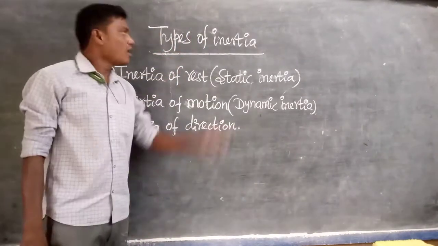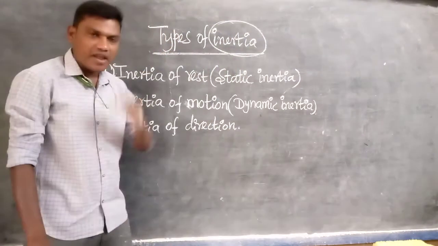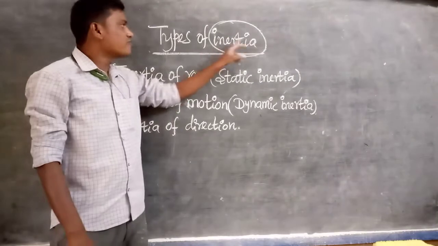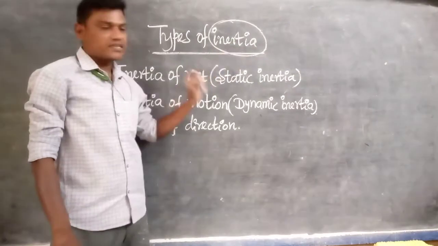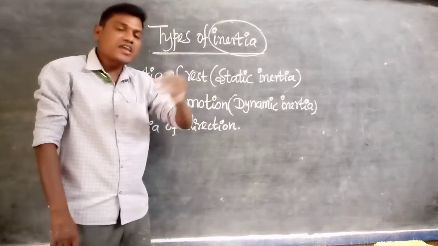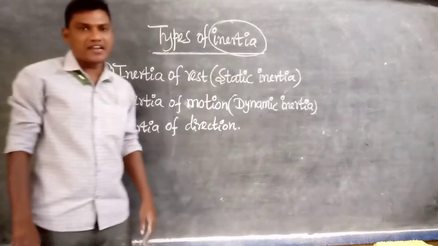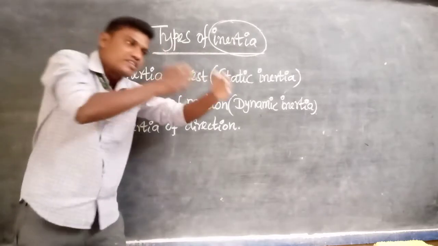Listen very carefully. What is inertia? Inertia is the property of matter that resists changes in its state of rest or state of motion, even when some unbalanced forces act on it. Every body has this opposing nature.